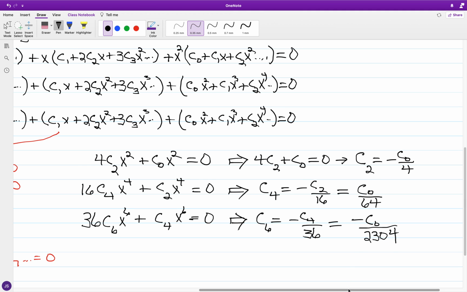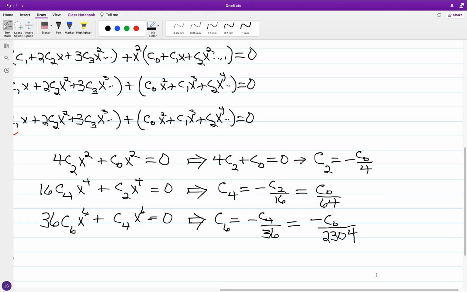Okay. And what I'm going to do here is put this in terms of this particular Bessel expression as much as possible. And I'm going to establish some of the factorial notations.